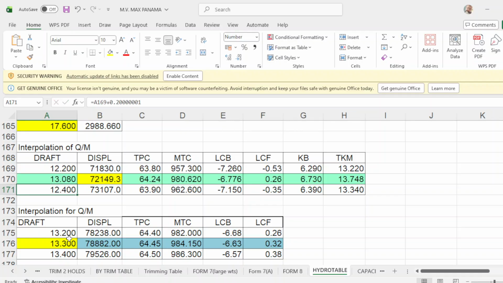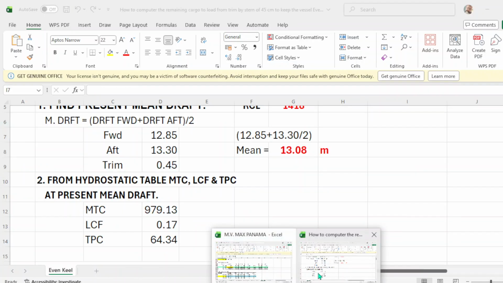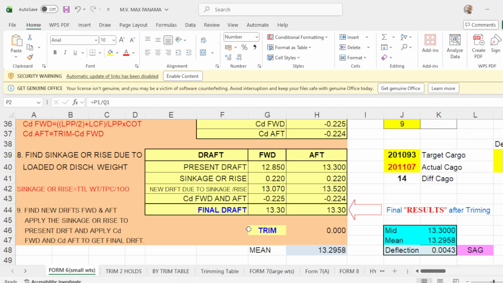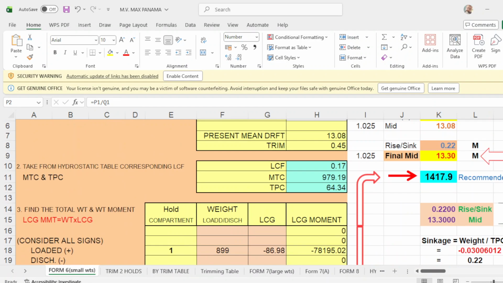Is that correct? Main drop 13.08. Your TPC, better this one. And your mean draft is 13.08. Put here 13.08. Hydrostatic table.